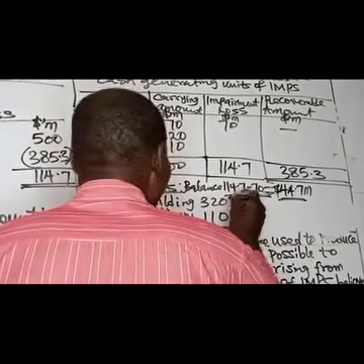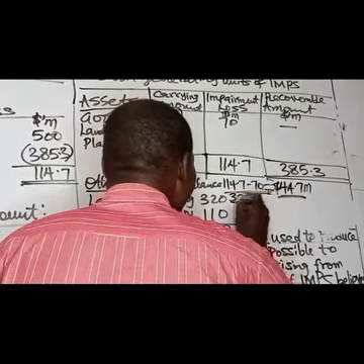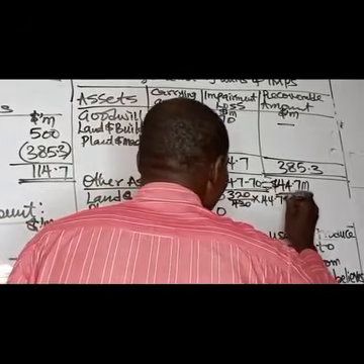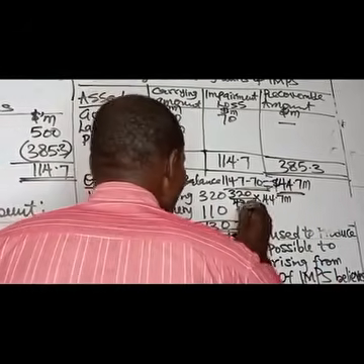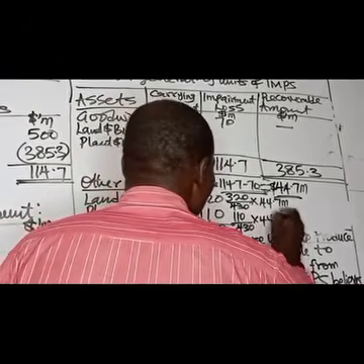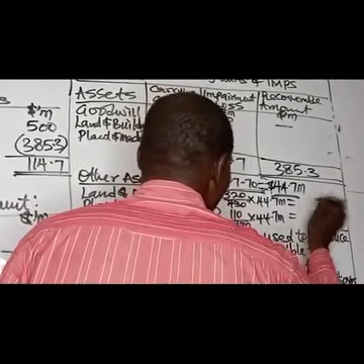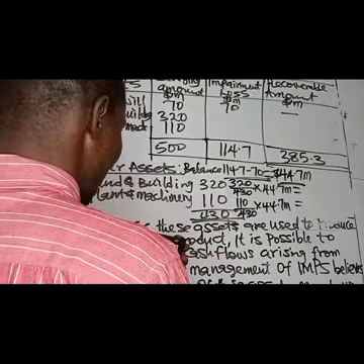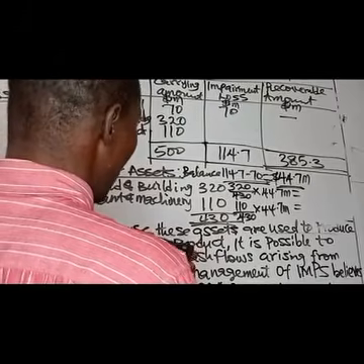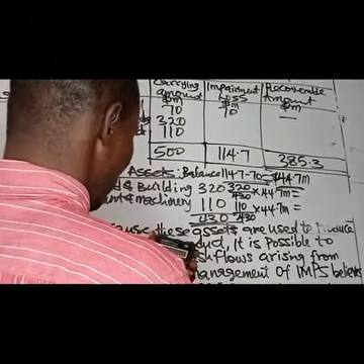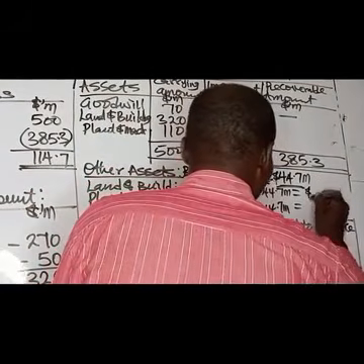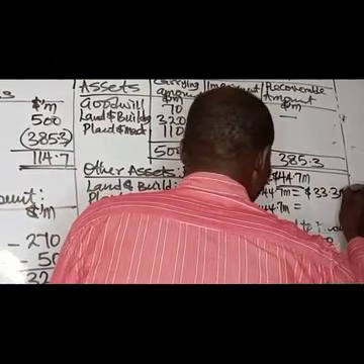So land and building will receive 320 out of 430 times 44.7 million, while plant and machinery will receive 110 out of 430 times 44.7 million. So 320 divided by 430 times 44.7 gives 33.3 million.